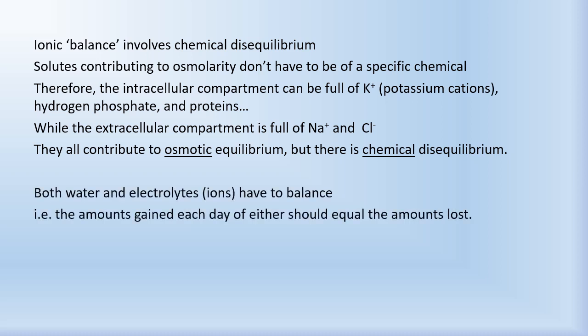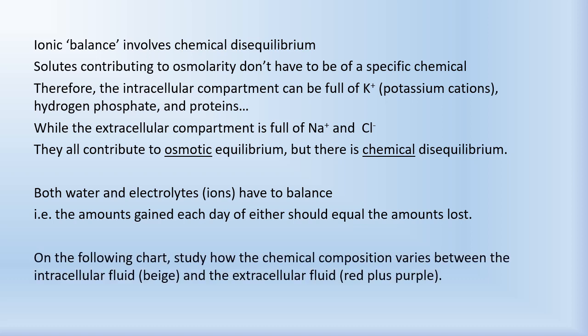Water and electrolytes across the course of the day have to balance in terms of input and output. So the amounts gained each day of both has to be equal to the amounts lost. On the following chart, study how the chemical composition varies between the intracellular, these are the beige columns, and the extracellular compartments, the extracellular being the red and the purple columns.